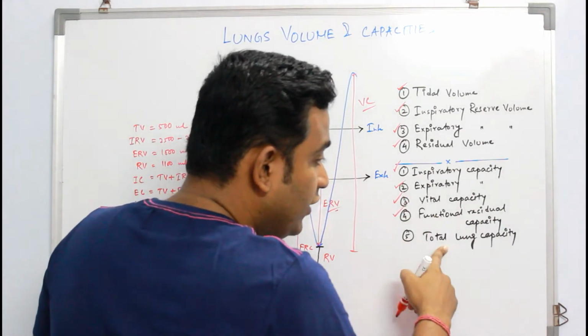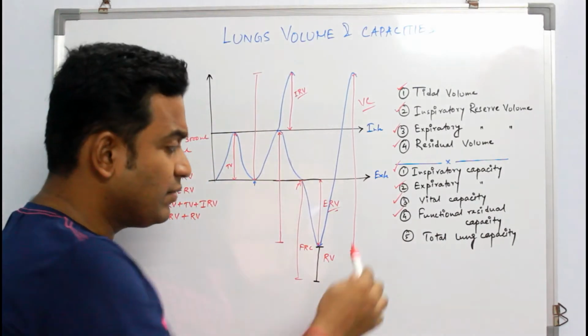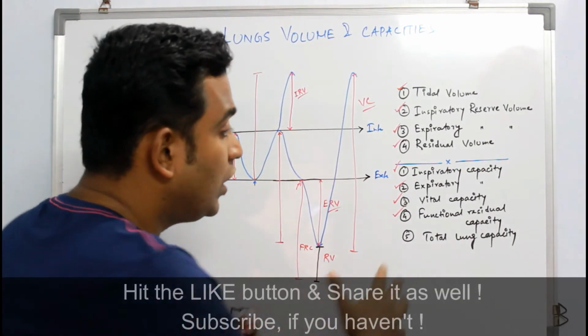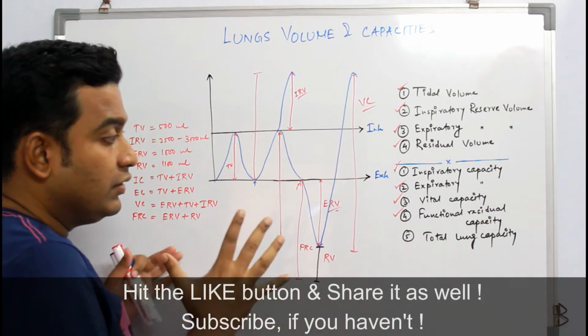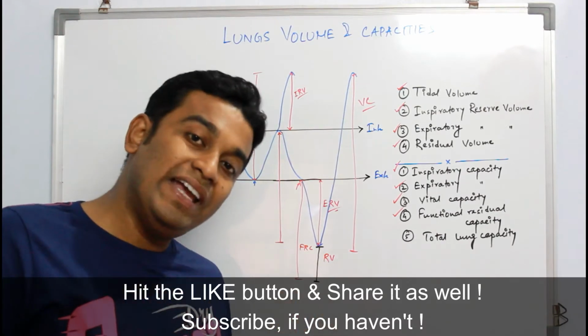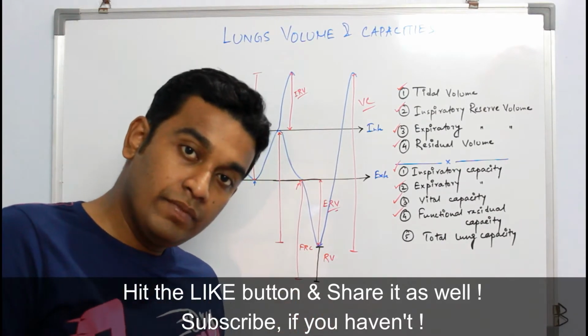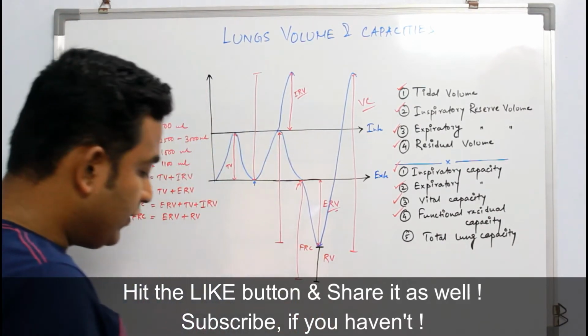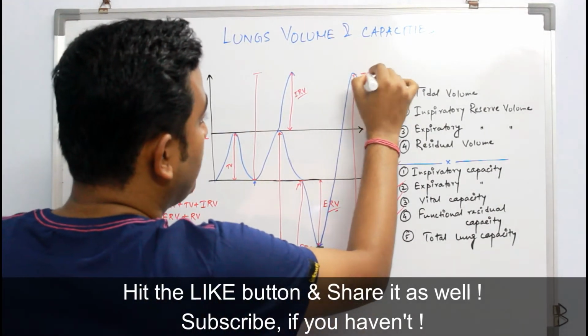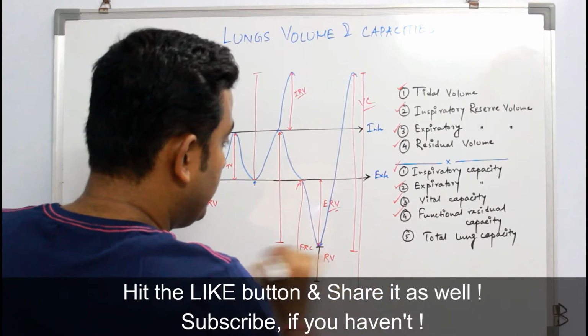Now the last thing is the total lung capacity. Guys, from the name itself, you can actually figure out what it means. Total lung capacity means how much air the lung can accommodate at maximum. So to calculate that, obviously I have to consider the whole thing from here till here.